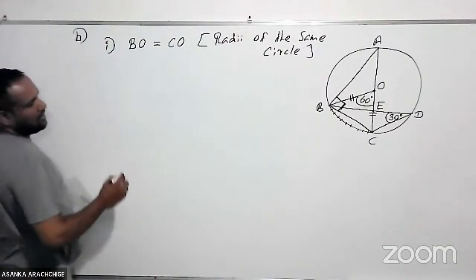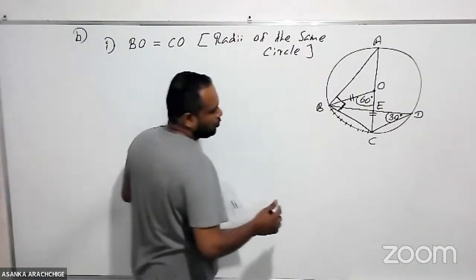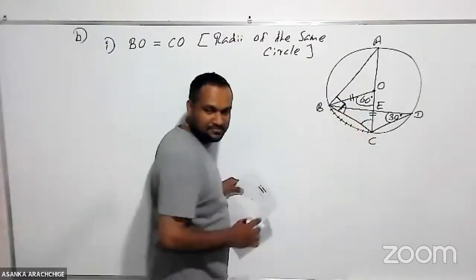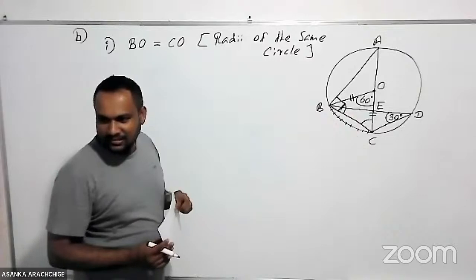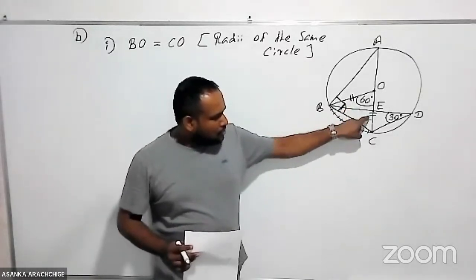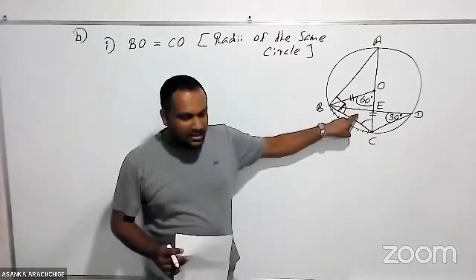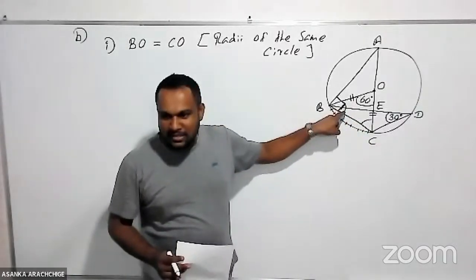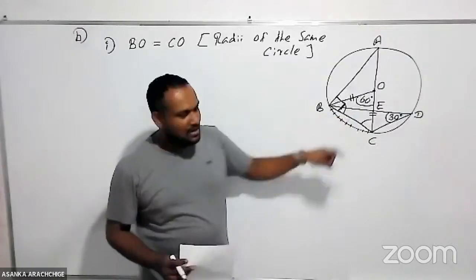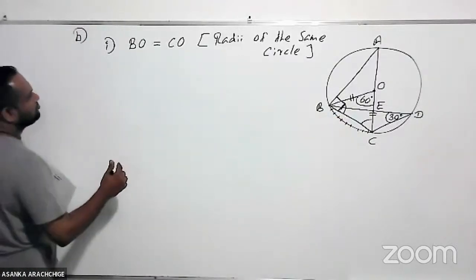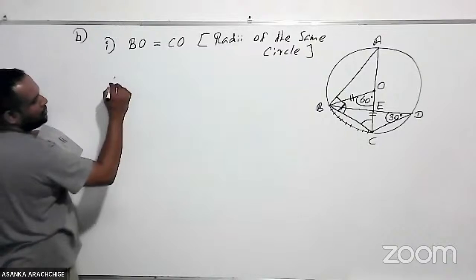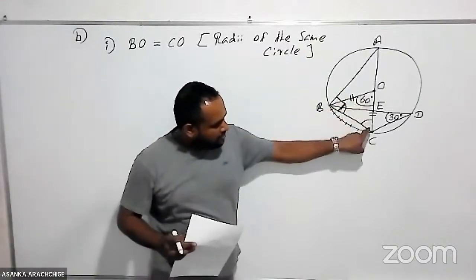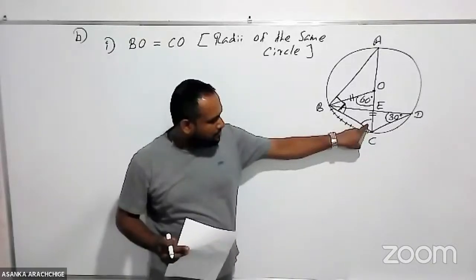Therefore, tell me, what can you say about this angle and this angle? Are they equal? Yes. When two sides in a triangle are equal, then the angles opposite the equal sides are also equal. Therefore, you can say the angle opposite BO, this is BO, this is the angle opposite BO.